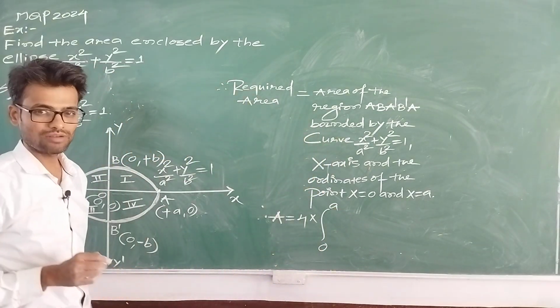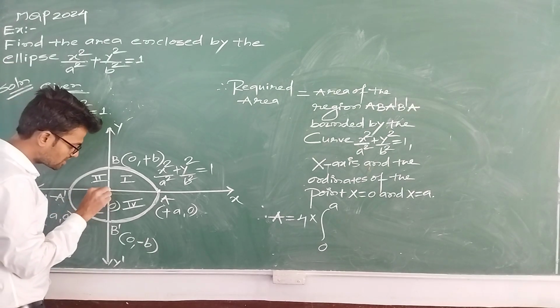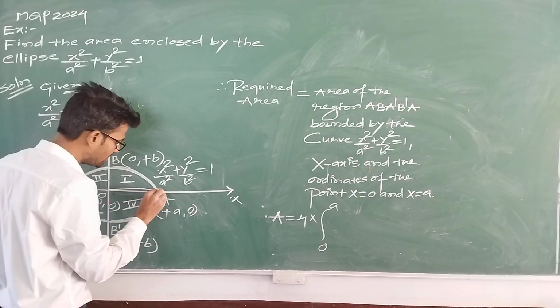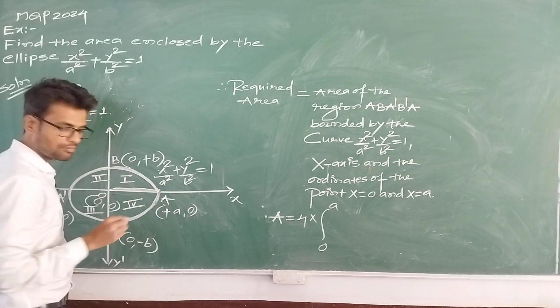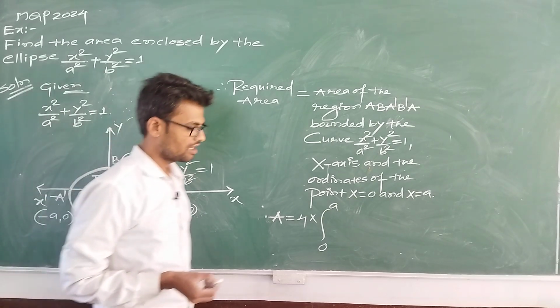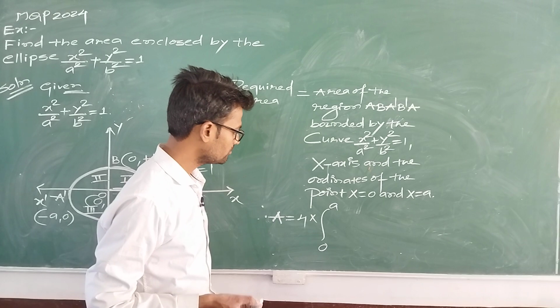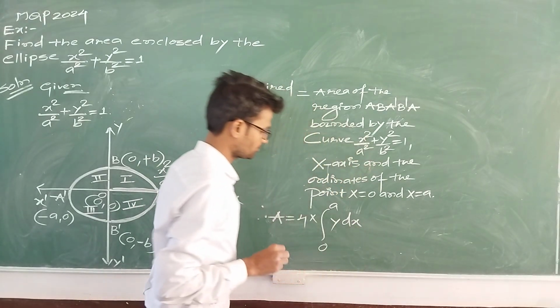Why integration from 0 to a? Because this first region starts from 0 and ends at the point a. It starts from 0 and ends at the point a, and the coordinates of the point are plus a comma 0. Hence I took the limits of the integral from 0 to a, and you write y into dx.